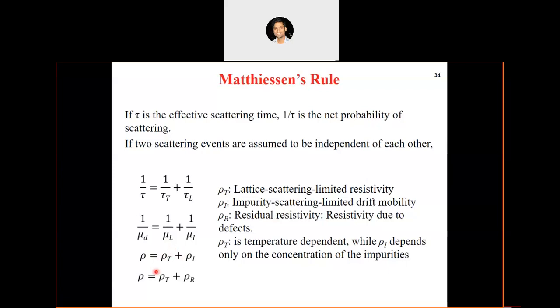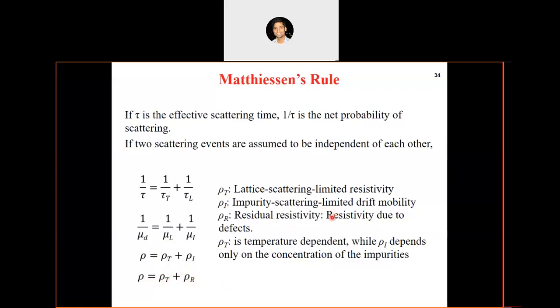Rho L is the resistivity because of lattice scattering, or scattering from atomic vibrations, and rho I is the resistivity coming from scattering from impurities. Another relationship which I have written is rho equal to rho L plus rho r. This rho r is known as residual resistivity.